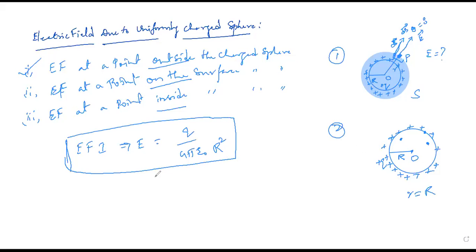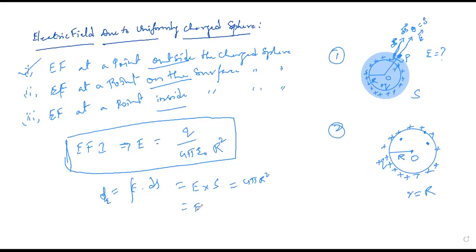Because before this, actually the steps will be like this. Phi E is equal to closed integral E dot ds, correct? From here we can write closed integral E dot ds is equal to E into the surface area of the sphere, that is S, which is 4 pi capital R squared.